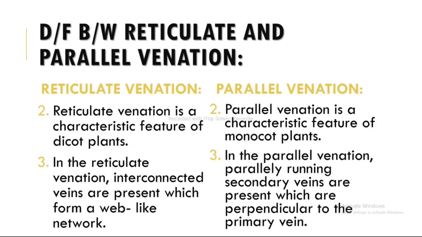Reticulate venation is a characteristic feature of dicot plants, but the parallel venation is the characteristic feature of monocot plants. In reticulate venation, the interconnected veins are present, which form a web-like network, but in the parallel venation, parallelly running secondary veins are present, which are perpendicular to the primary vein.